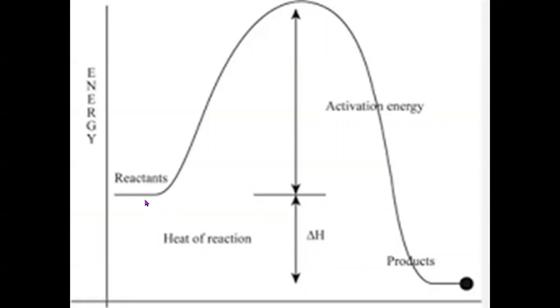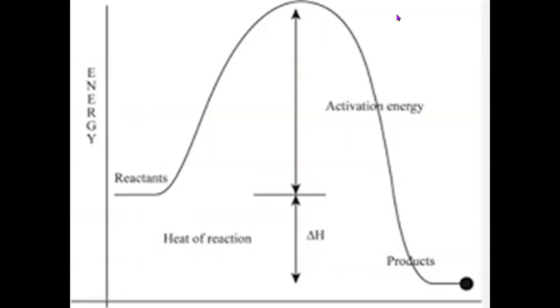Now this is the energy of the reactant. In this figure we have taken energy on the y-axis, and this is the reaction coordinate. So here we can say the energy is not on the x-axis, now it is on the y-axis.